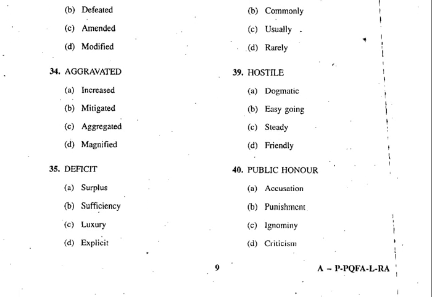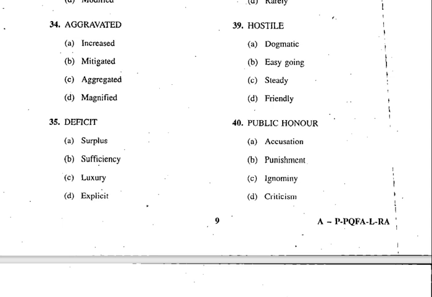Okay, let's go to the 34th. Aggravated, aggravating crisis, aggravating situation. What does aggravated mean? Something that is worsening or getting irritating, annoyed. So increased, mitigated. Now mitigate means you make less severe. Aggravating is increasing, becoming worse, worsening.